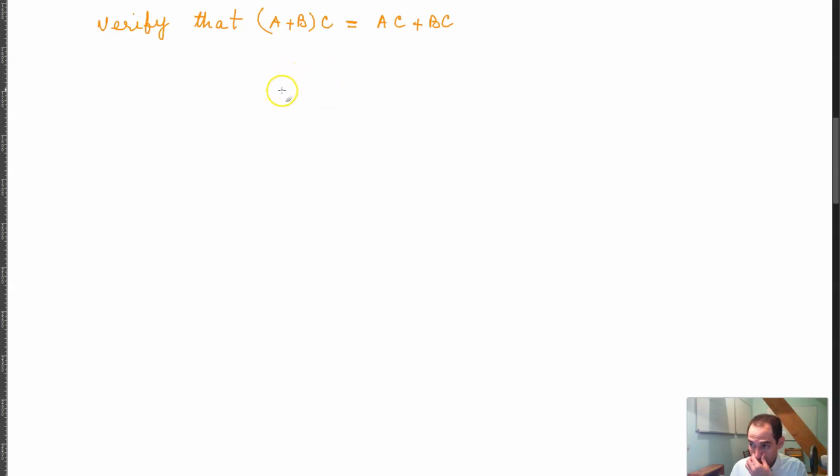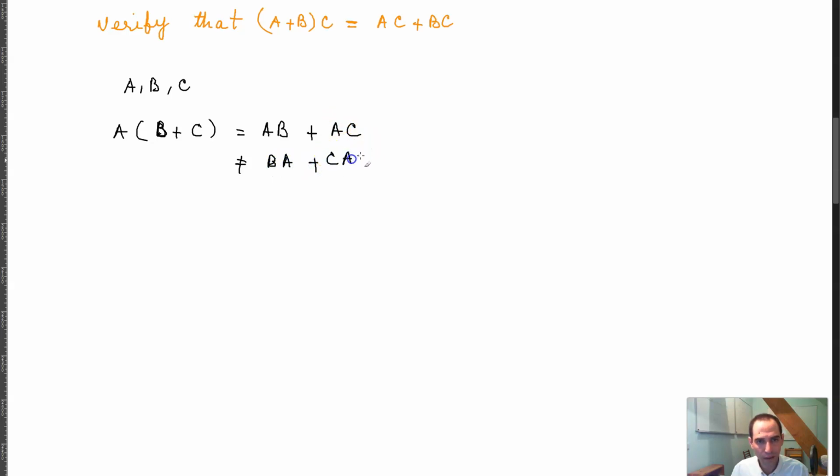But in general about matrix multiplication, if you have three matrices A, B, and C, then A times B plus C is equal to AB plus AC, and that is not equal to BA plus CA. And A plus B times C is the same as AC plus BC, and that is not the same as CA plus CB, right?